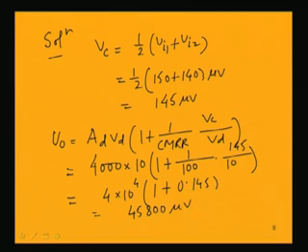To check, it should come to 45,800 microvolt, meaning it is equal to 45.8 millivolt. So, 45.8 millivolt is the output we obtain for this op amp having the two input signals which are 150 microvolt and 140 microvolt.